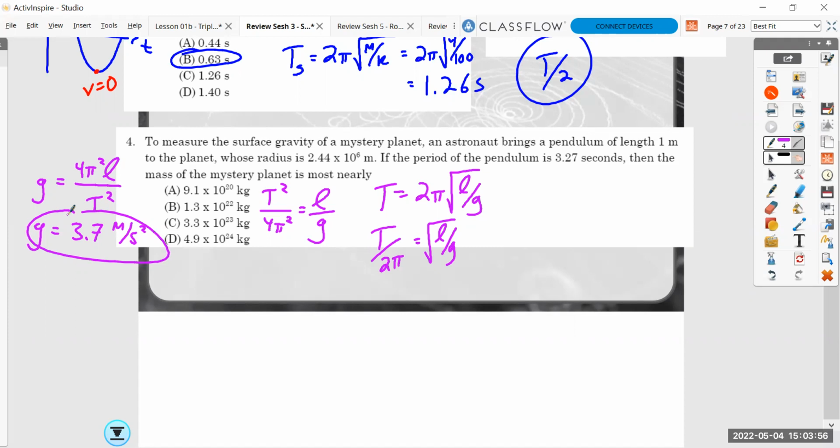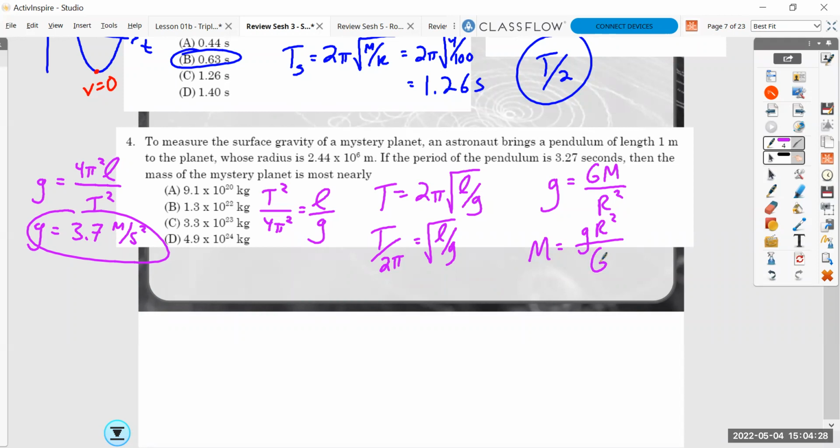It asks you for the mass of the planet, and this is where we have to remember that the gravitational acceleration of a planet is big G times the mass of the planet divided by the radius of the planet squared. There's our gravity equation coming in. I can see them doing something like this on an FRQ. So if I'm calculating the mass of the planet, I'm going to multiply by r squared and divide by big G. You can always find big G on your formula sheet if you need it.